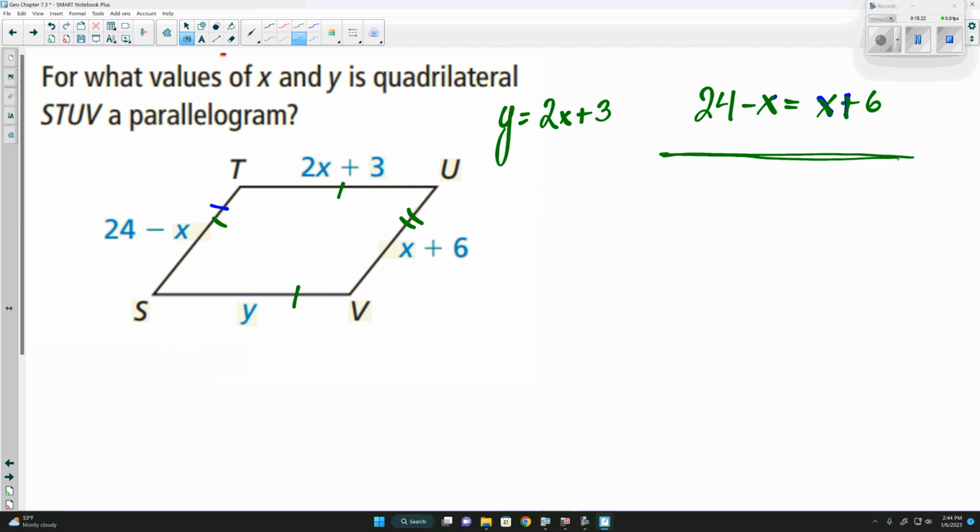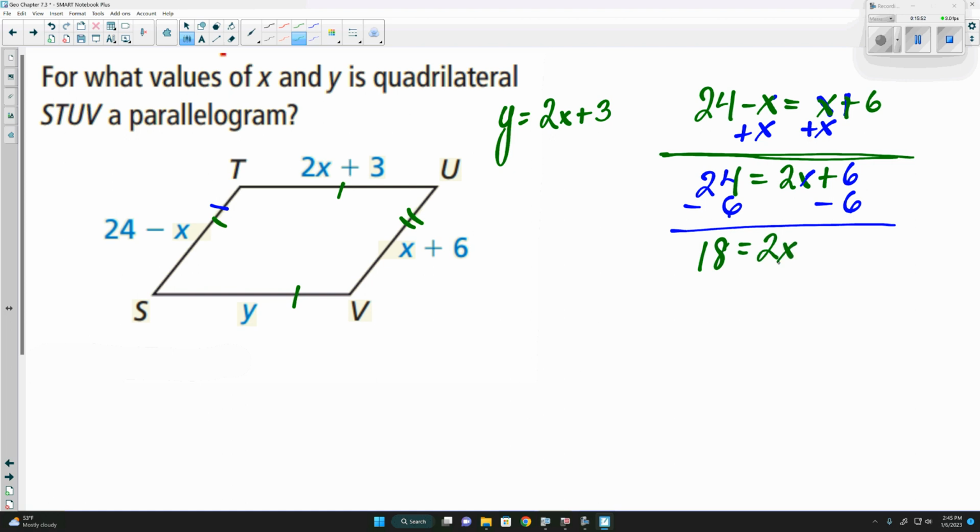So what can we do first? We can add x to both sides, and then we have that 24 is equal to 2x plus 6. Then we can subtract 6 from both sides, which will tell us that 18 is equal to 2x.